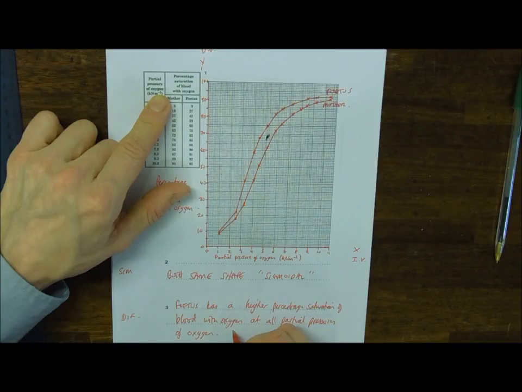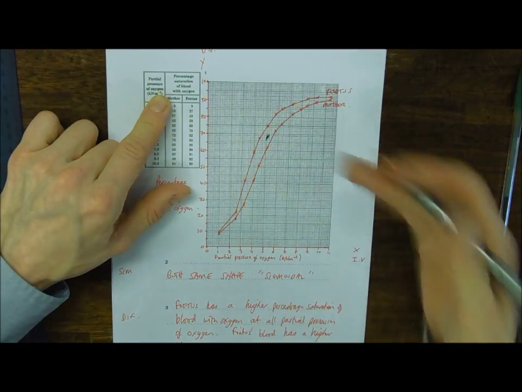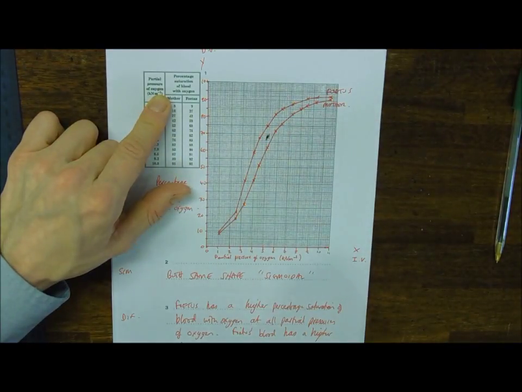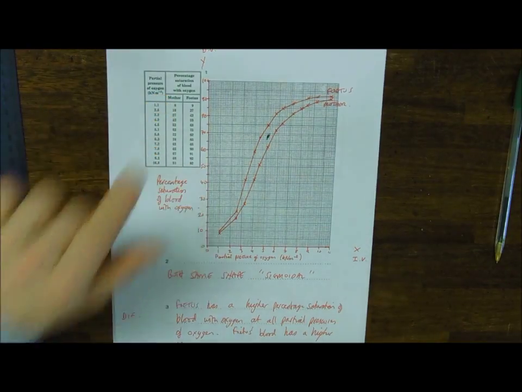So fetus's blood has a higher affinity for oxygen, you know, it's to the left. So oxygen passes from the mother to the fetus.